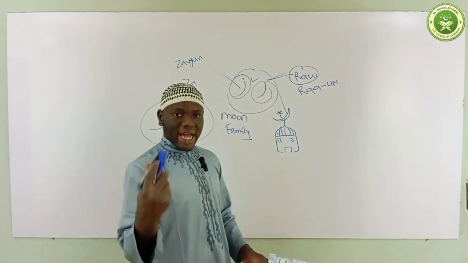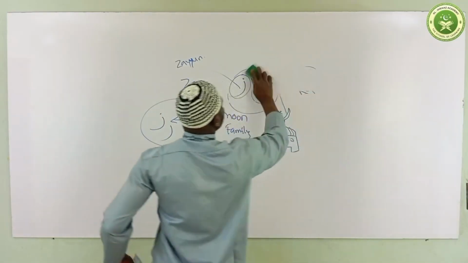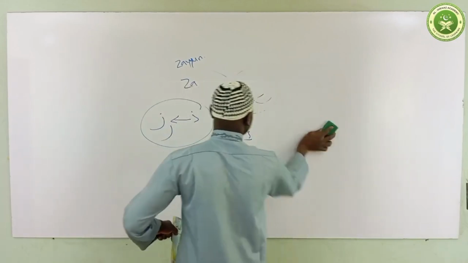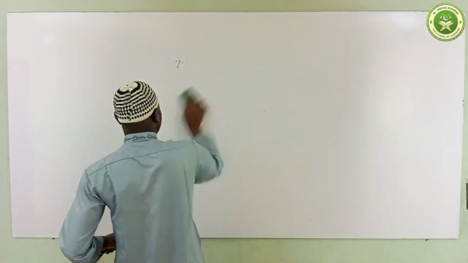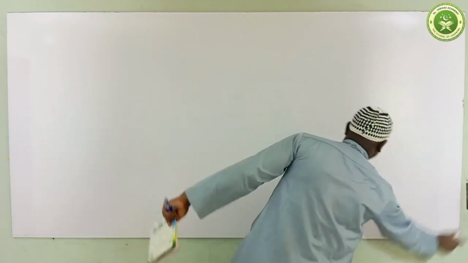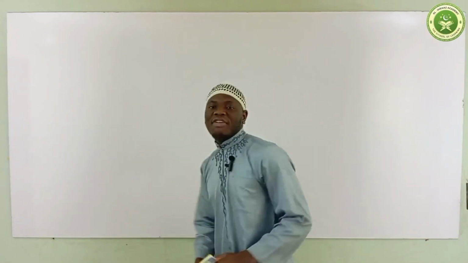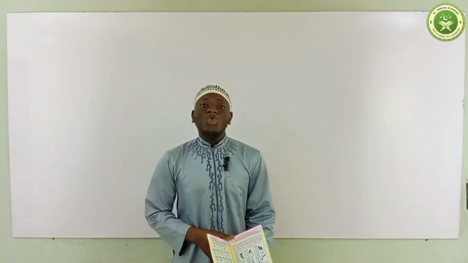So let's move to the next family we have on board. Now here we have the next family, which is the W family.